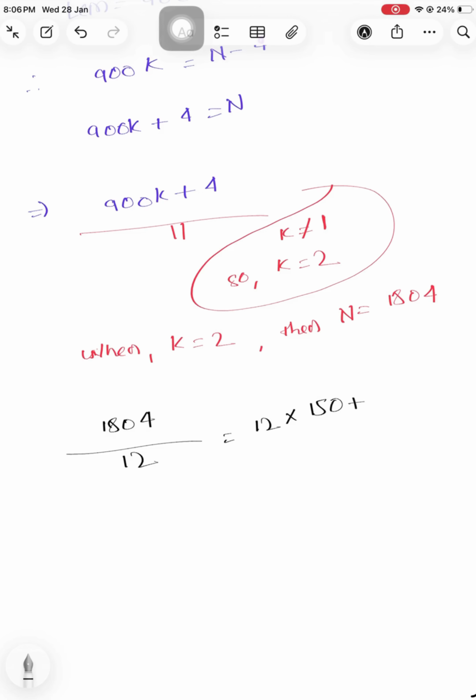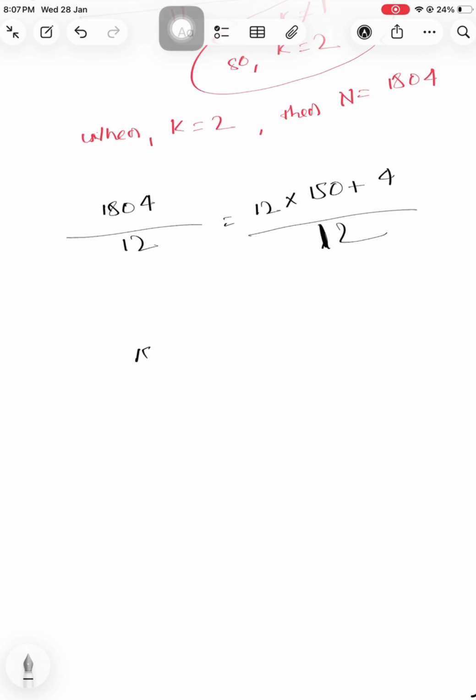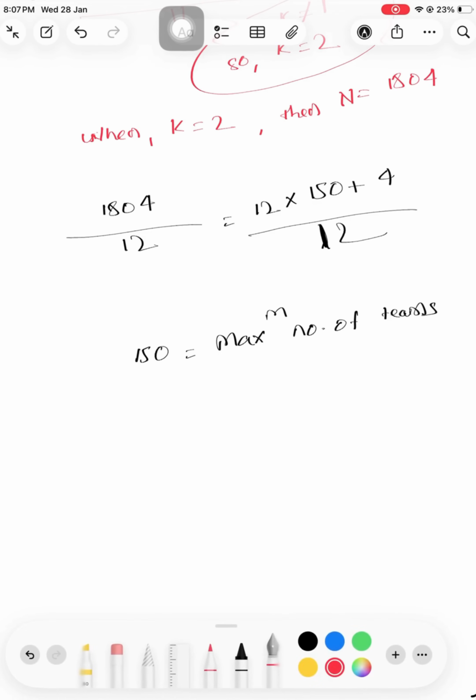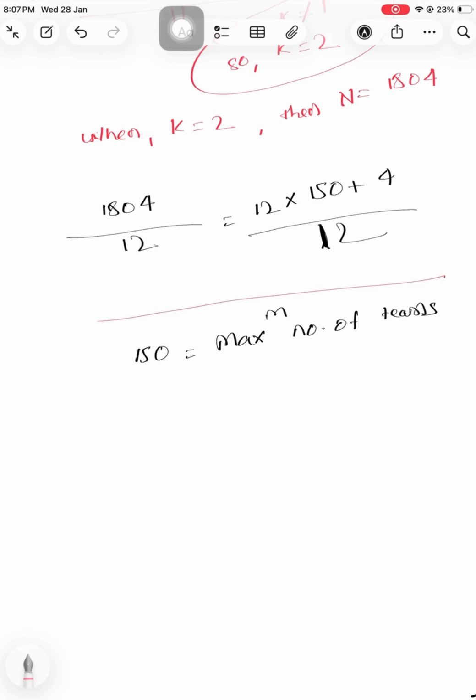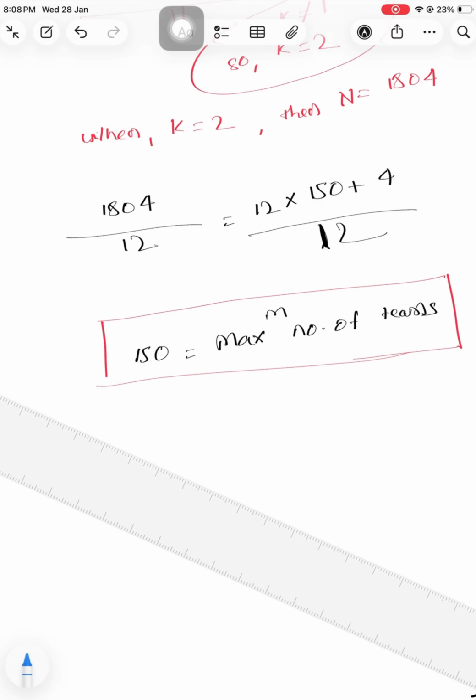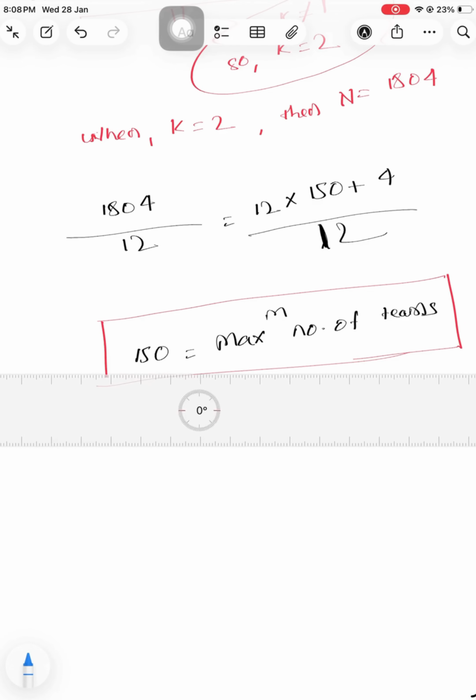So now the k6 becomes my maximum number of teams, and obviously a team has to be a positive integral value. A team cannot be a decimal value or a fraction. So just expressing 1804, this 1804 can be written as 12 into 150, which is 1800, and then plus 4. So this 150 becomes the maximum number of teams for the student count as 1804.